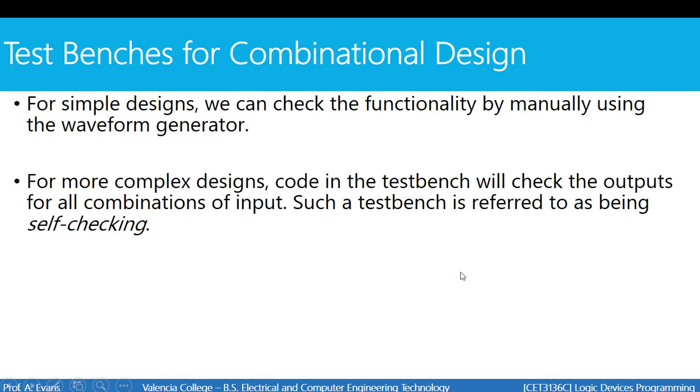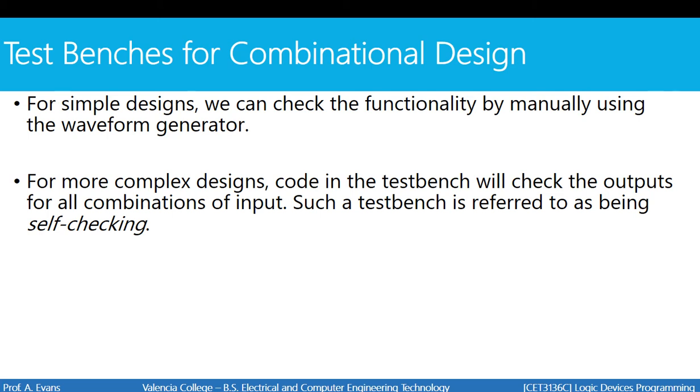So for simple designs, like you've seen in the past, we can check the functionality manually by using the waveform generator. And that's great when you have a design with 2 or 3 or maybe 4 inputs, but what if you have a design with 50 inputs? What if you have a design with over 1,000 outputs? What if you're building a counter and you want to verify that the output of the counter is correct?